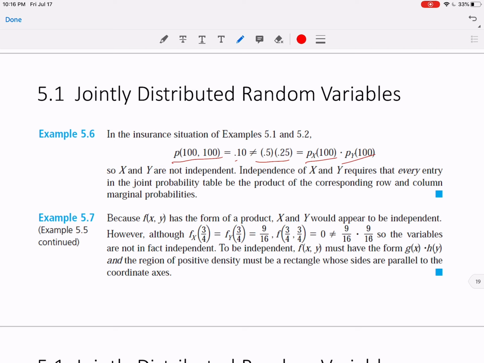For example 5.7, this is a continuation of example 5.5. In that case, we have f of x, y equal to 24xy for x greater than or equal to 0, y greater than or equal to 0, and x plus y less than or equal to 1.